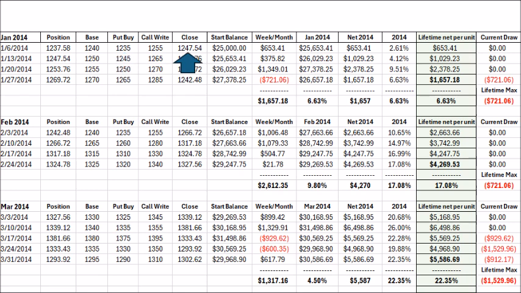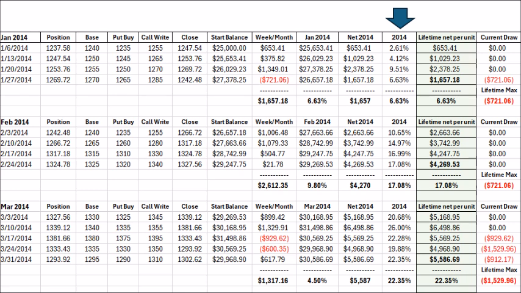At the end of the week, the market settled at 1247.54, increasing the value of our $25,000 start balance by a net of $653.41 on the week, which left the end-of-week liquidation value at $25,653.41.